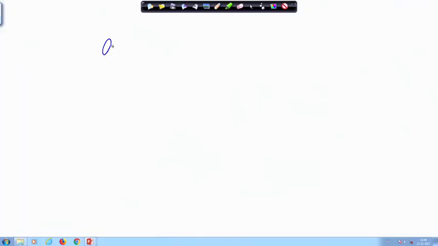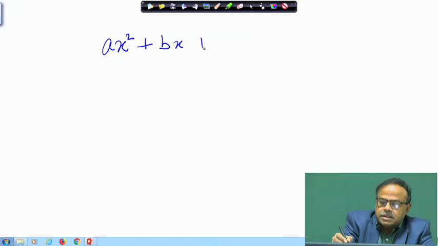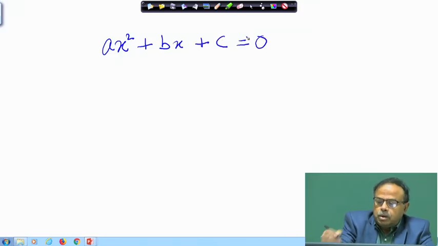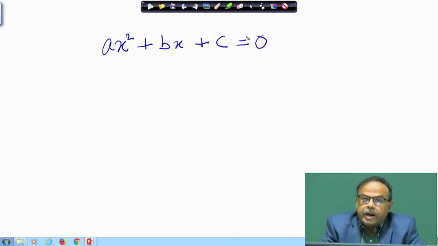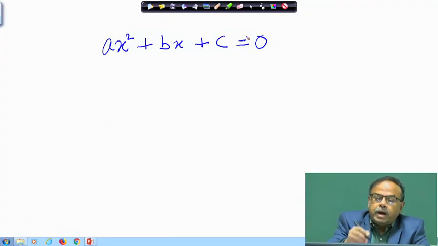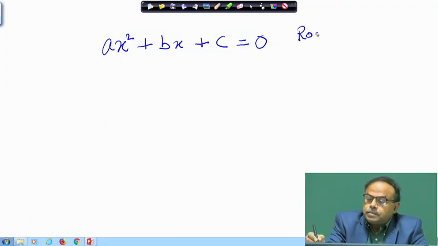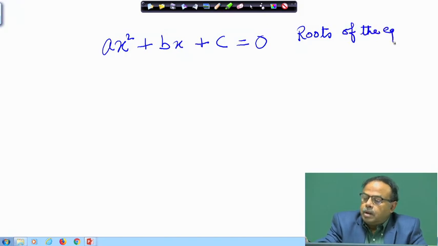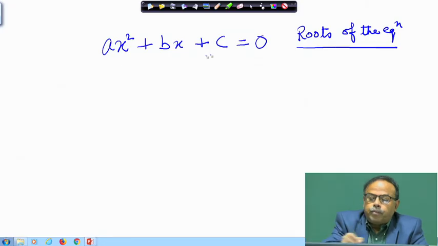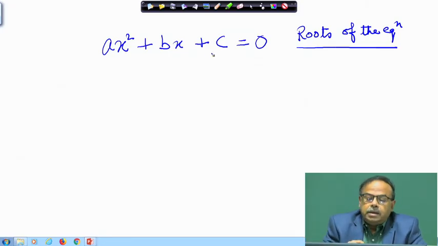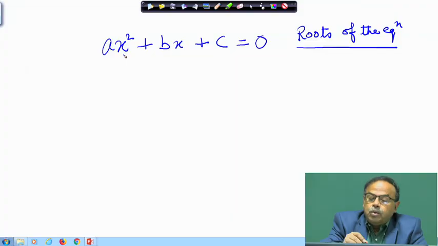When we try to solve a quadratic equation of the form ax square plus bx plus c equals 0, we want to find the roots of the equation. What are the roots? The roots are the values of x that will satisfy this equation.